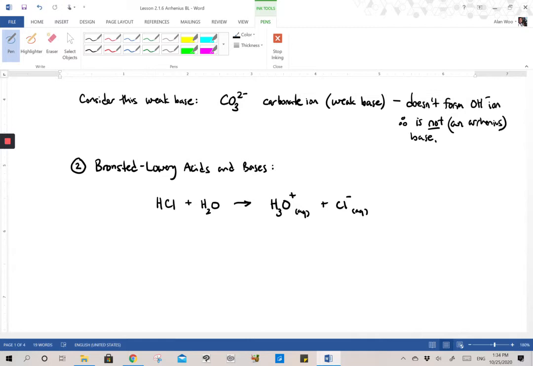Now, here we really see how acids and bases behave. So, for example, in order for this HCl to become the products that are listed on the right-hand side, the H+ must be donated in order for Cl- to form.